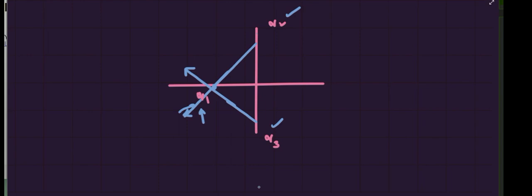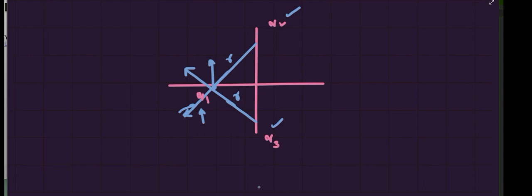If you resolve the vector which I've just drawn, getting the repulsion vector in x and y components, you should know how to do that resolution. This is the force on Q1 due to Q2, and this is the force on Q1 due to Q3. Let me just split the Q2, Q3 vectors also.